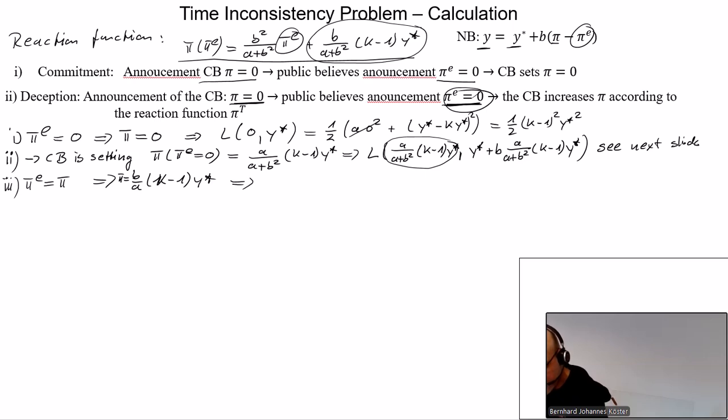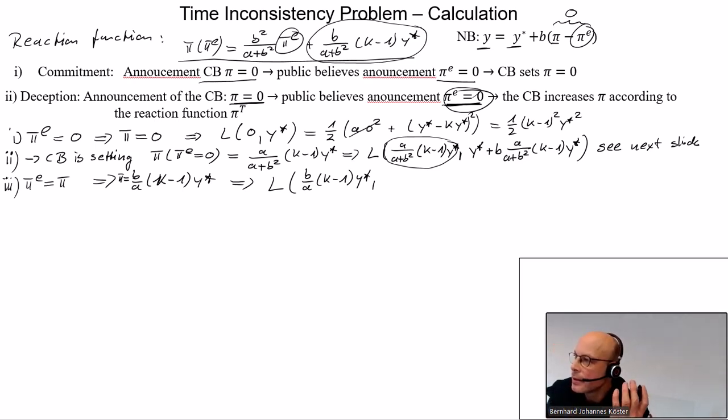And again, putting this into our loss function is then L of B over A K minus 1 Y star. And now again, it is easier to calculate the equilibrium output level, since in this case the expectations of the public are rational.